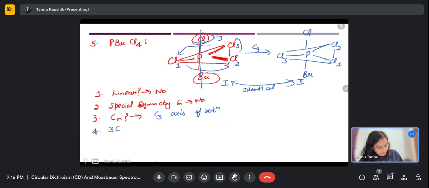Now the next question is, do we have three C2 axes perpendicular to the principal C3 axis of rotation?